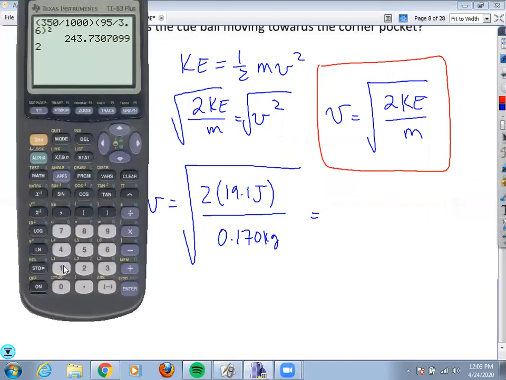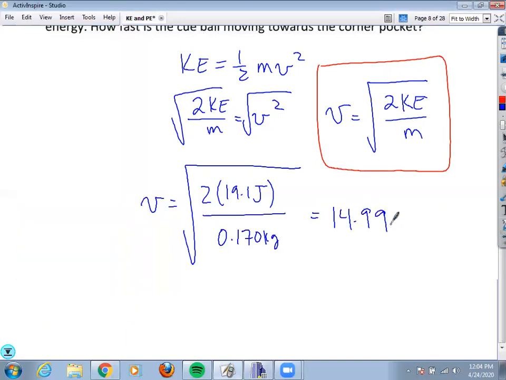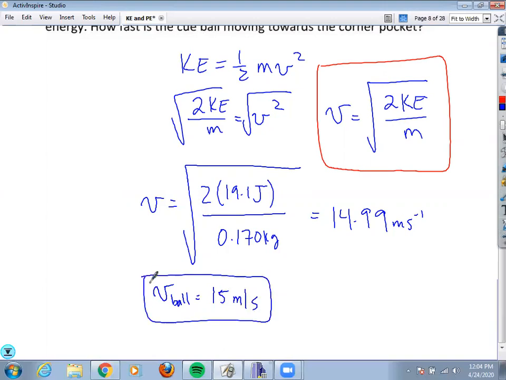So 2 times 19.71 divided by 0.17, and then we will take the square root, and you get 14.99 meters per second. And we want 2 sig figs, so the velocity of the ball would equal 15 meters per second. That would be its velocity, so we need a direction, vector, and positive towards the corner pocket.